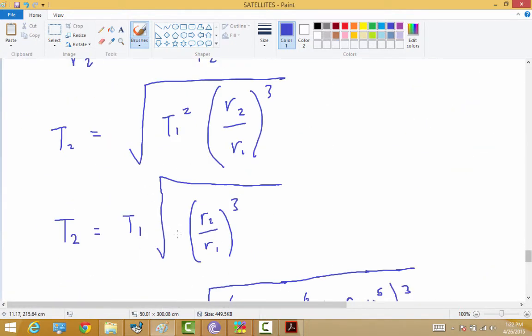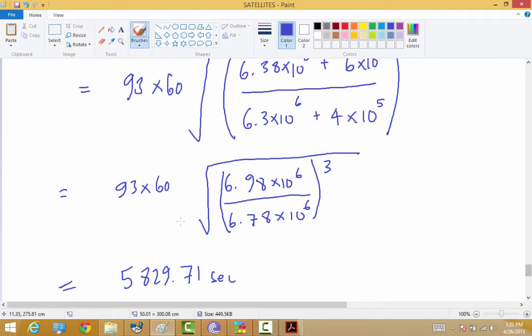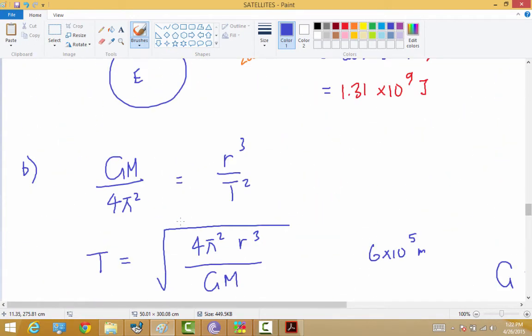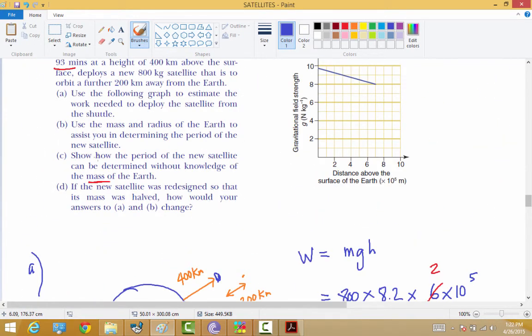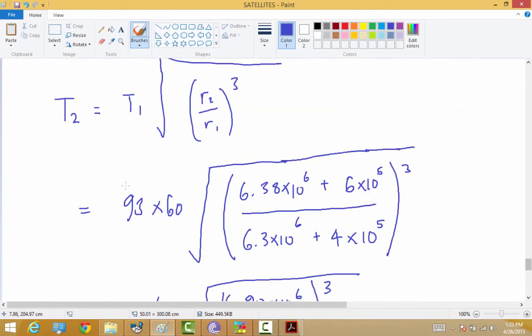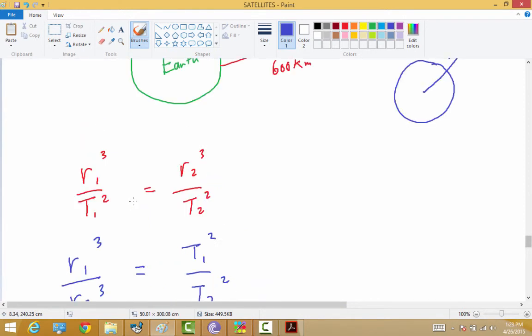So there's not much of a difference, basically. I think it's just a rounding error. The question says, if you didn't have the mass of the Earth, how would you calculate the period? Show how the period of the new satellite can be determined without knowledge of the mass of the Earth. In this case, we didn't use the mass of the Earth to calculate the period. So that's what you have to do.